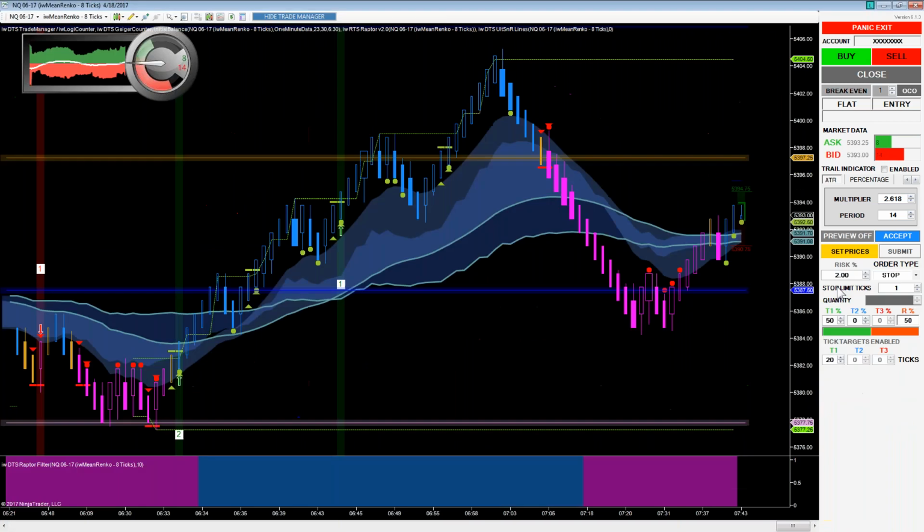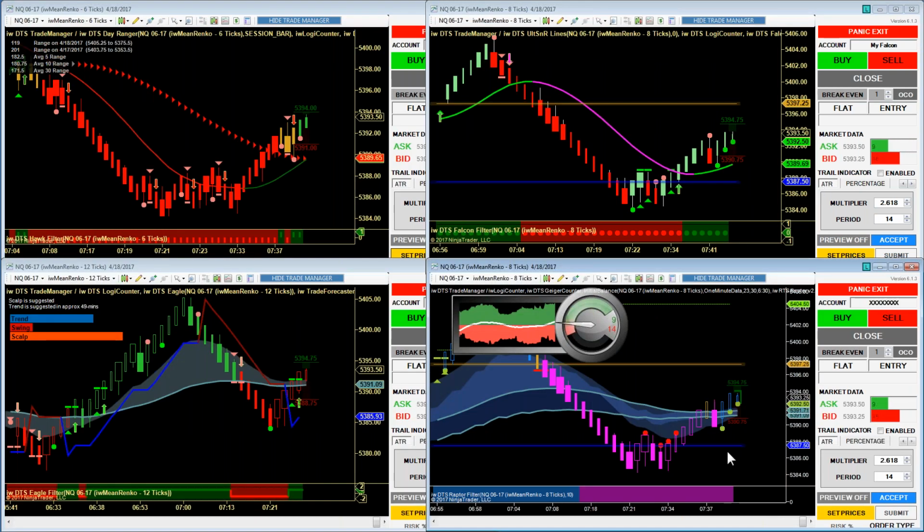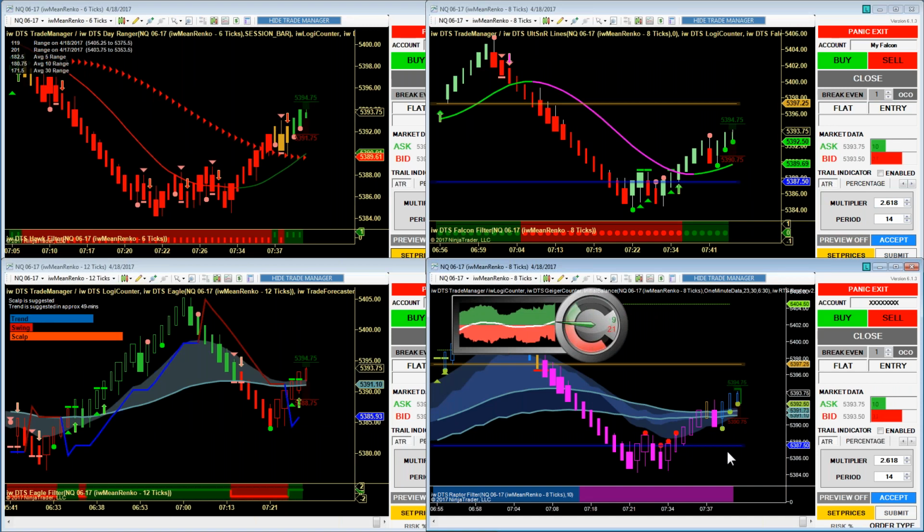And here on the Raptor, it looks like we were working a cloud crossover to the short side, but that has since disappeared. I don't know, this big sideways range that I pointed out before, not really giving me a warm fuzzy feeling. And here we are right back where we started the morning, around that 53.94, 95 area.